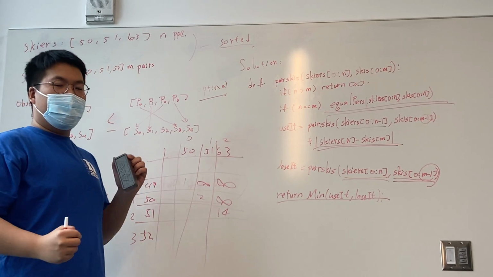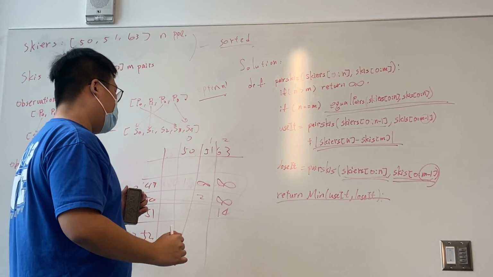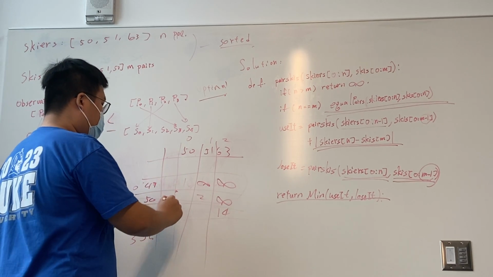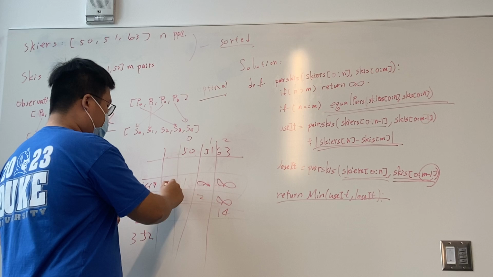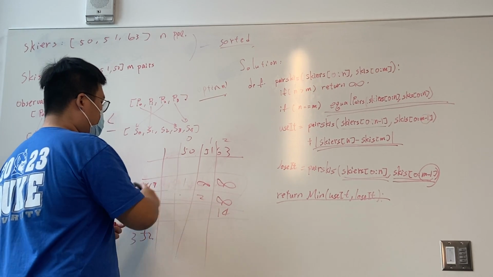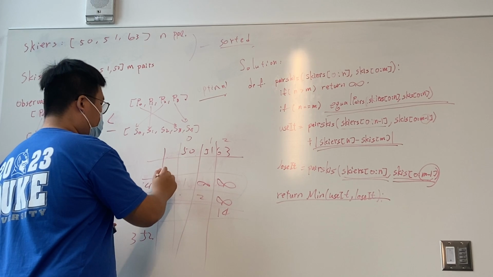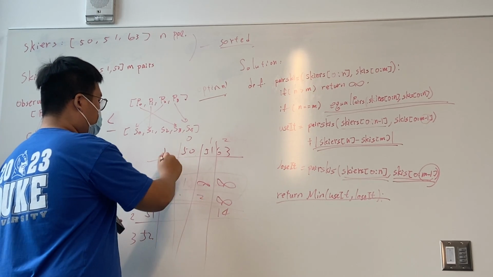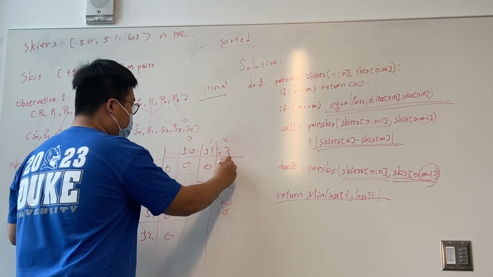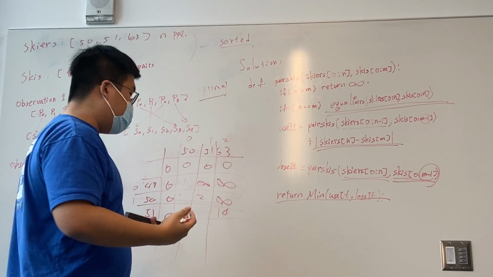Now we have to focus on filling the DP table. Your solution is either use it or lose it. So we start from here. Here's our O0. This is just an ordinary situation, so we just fill in 0.